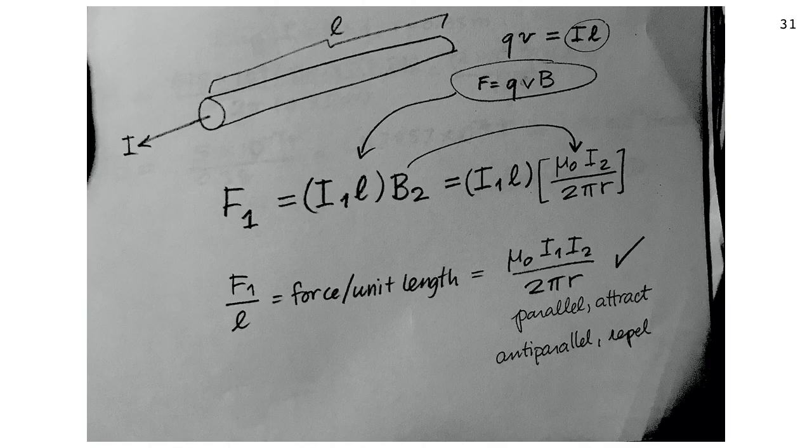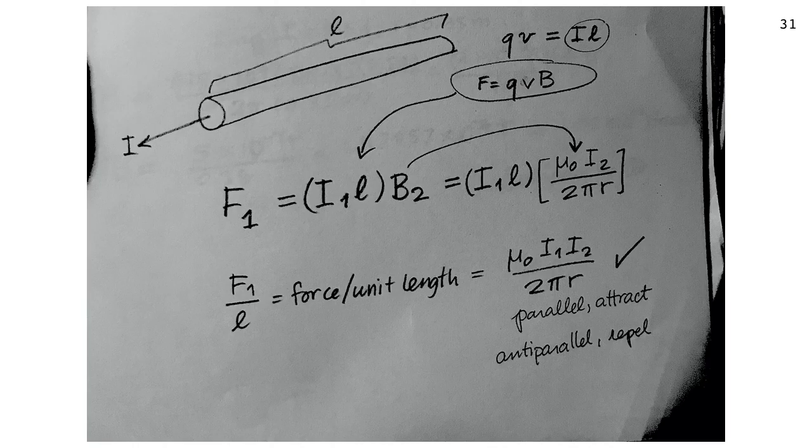Because the magnetic force is QV; if everything's perpendicular, it's just QVB. So that's why we want to know about QV. Think about it: the units of IL are coulomb per second times meters, and that's the same as coulomb times meters per second for speed. So this quantity here, IL, is going to give us the force.